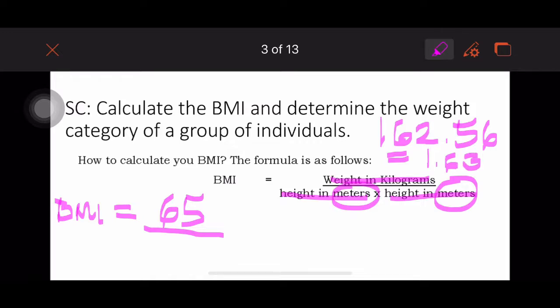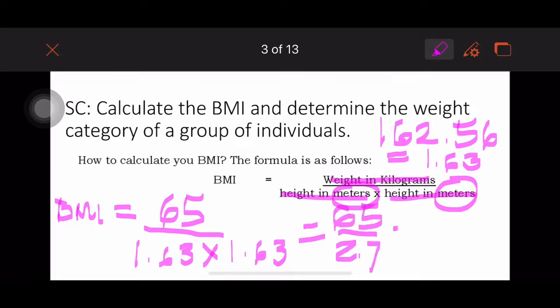Then 1.63 times 1.63 is 2.65, so around 2.7. Now 65 divided by 2.7 is equal to 24. My body mass index is 24.